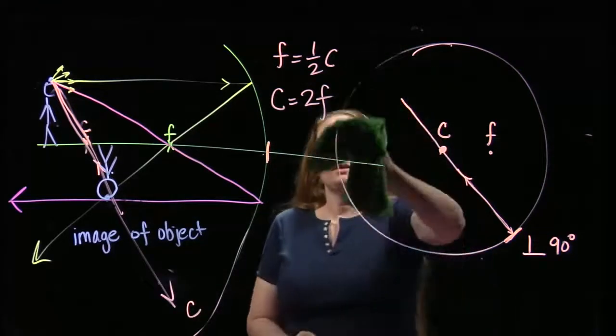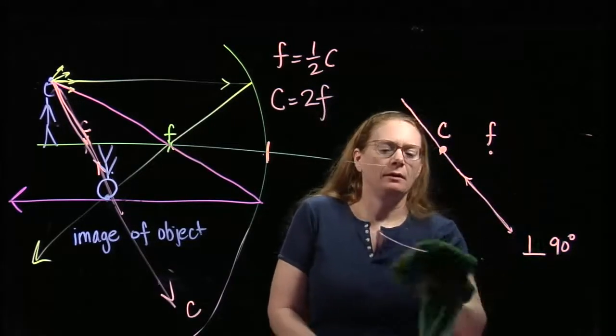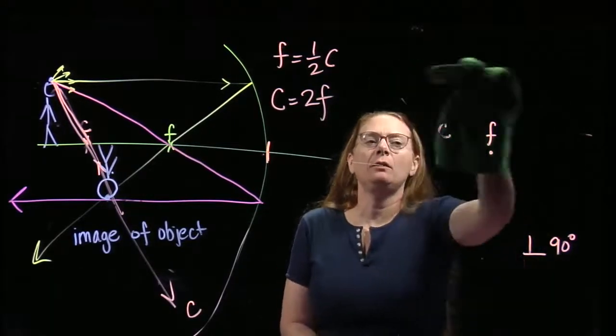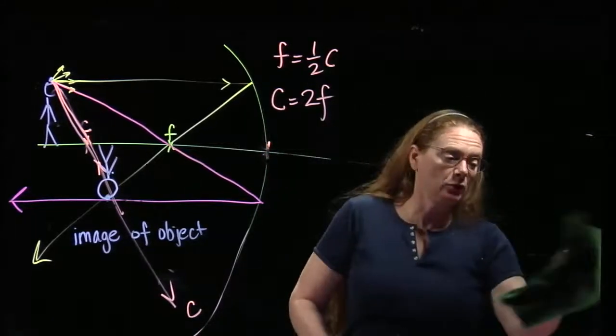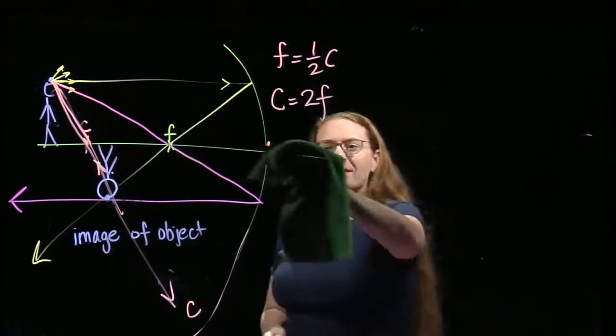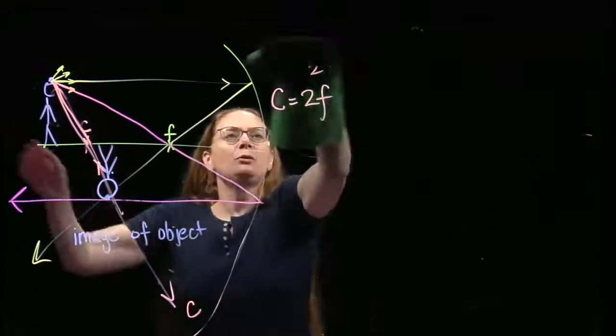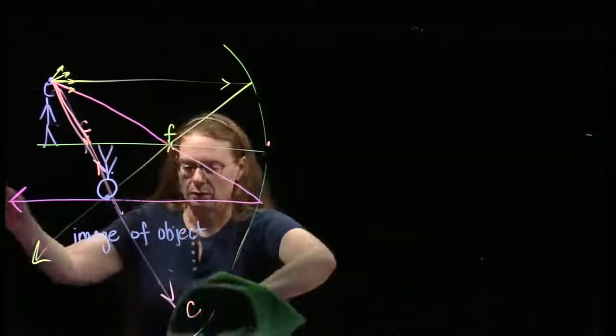Now, we can also say, all right, what happens if we are really close to that spoon? Again, if you have a spoon that's nice and shiny, bring that spoon real close to your nose. See what happens to your image. What do you see when you bring it really close to your nose?